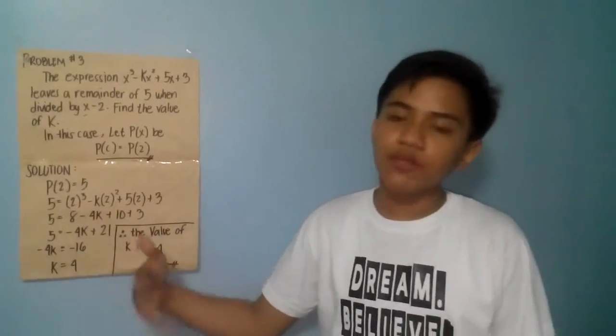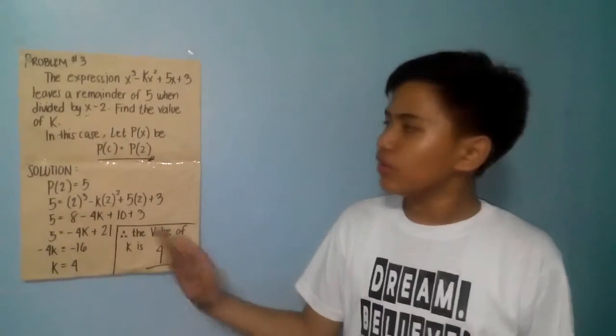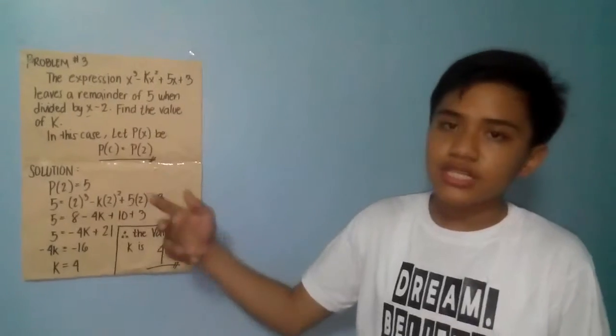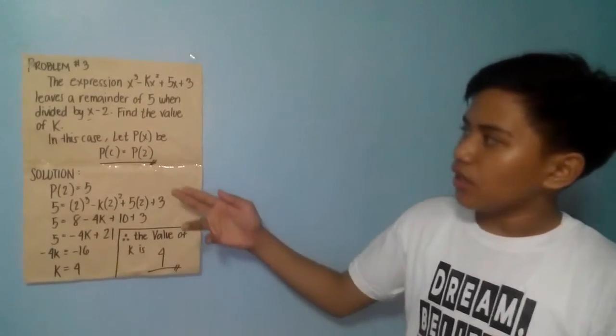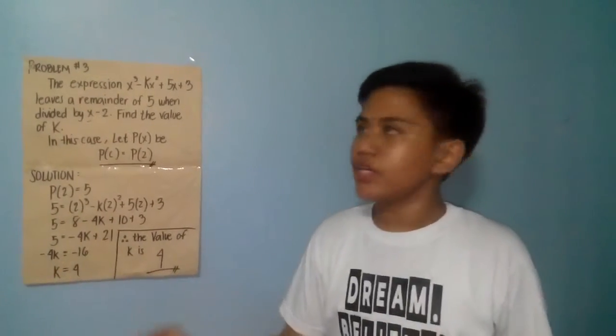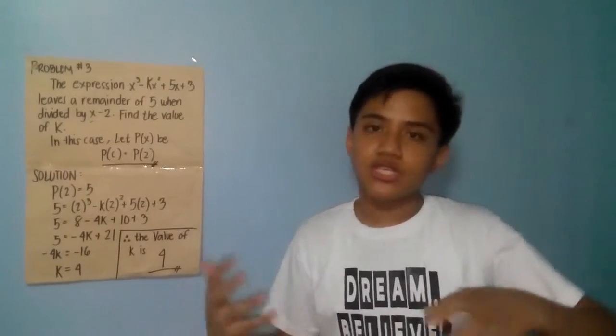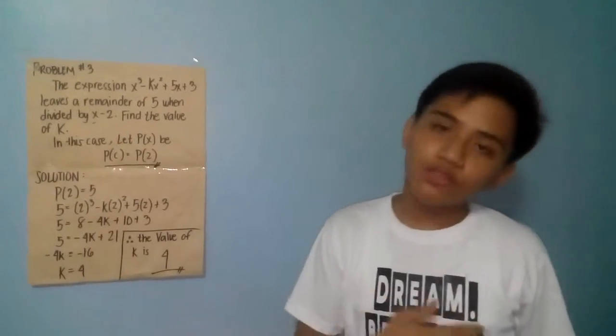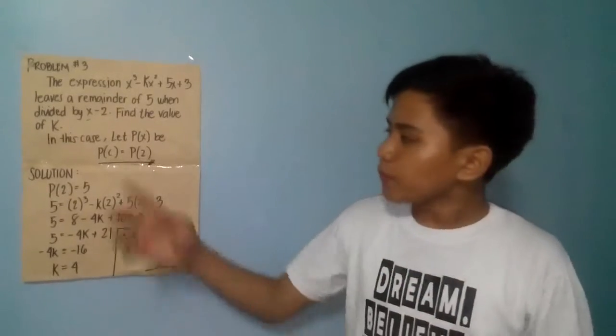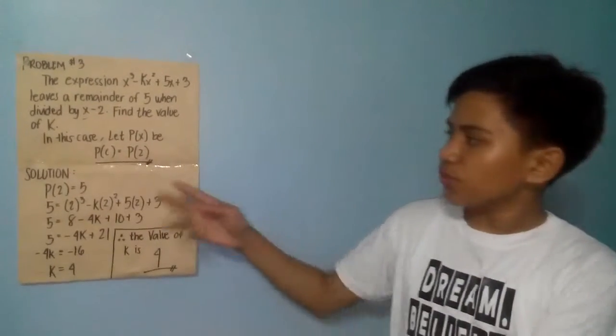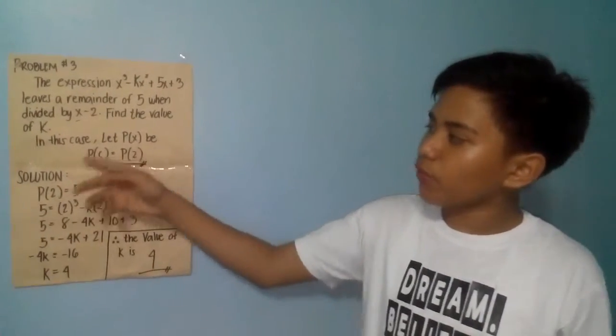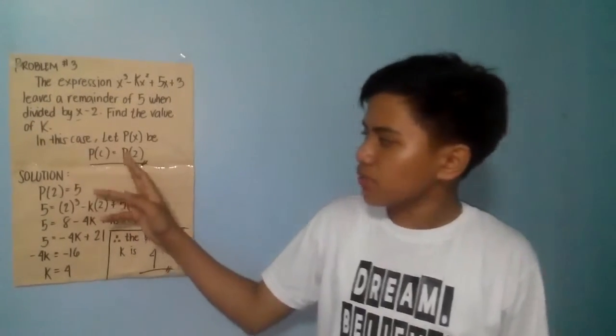Why? Because in the intro, we discussed that p of x divided by the divisor using synthetic division or long division is also equal to p of c. So that's why we can form an equation of p of c is equal to p of 2.